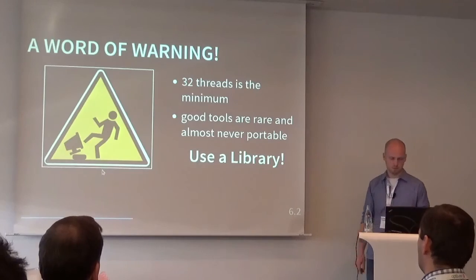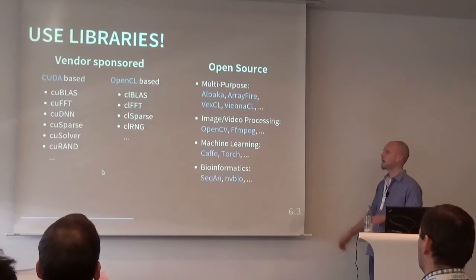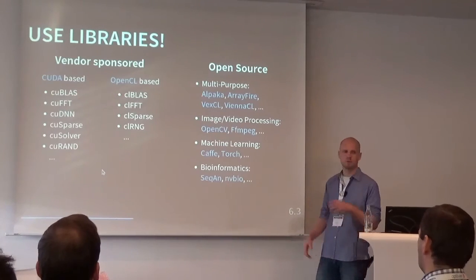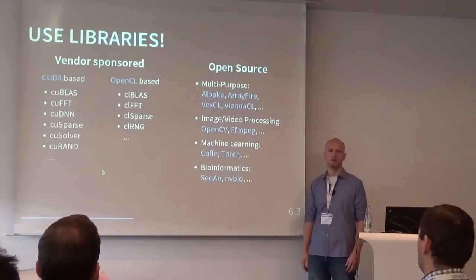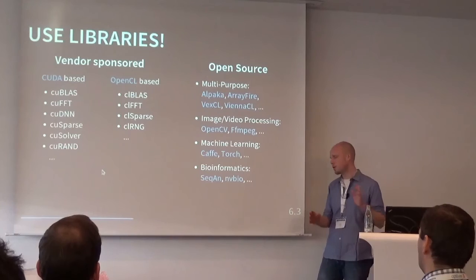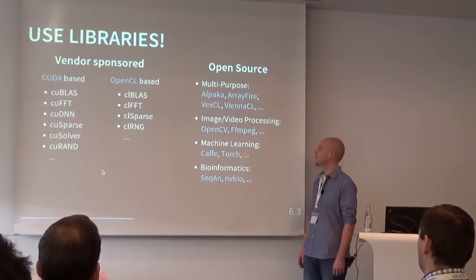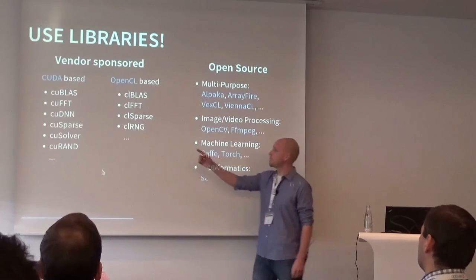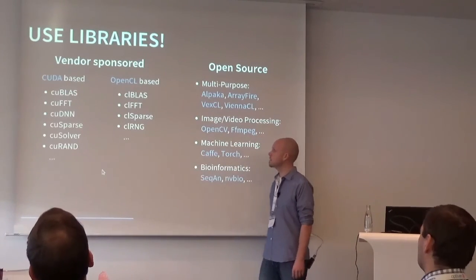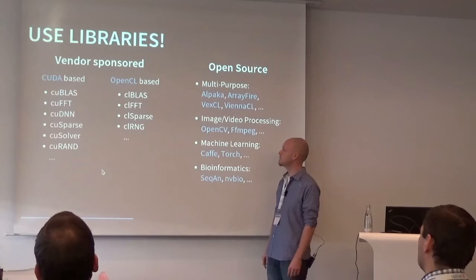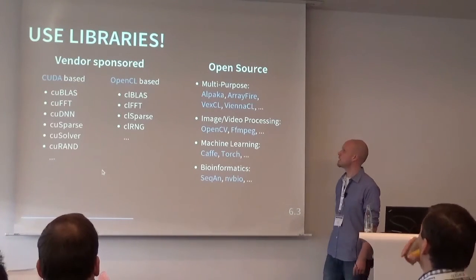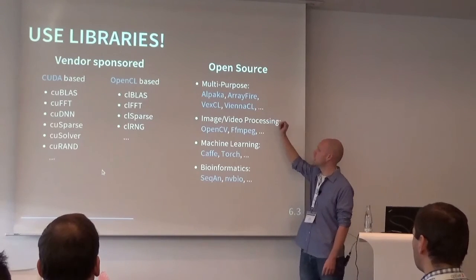And there's a lot. So I just compiled, and this is a highly subjective list. If you don't find your most beloved library, don't blame me. Open a ticket. I can add it if you wish. But this is just a selection. So there are a couple of vendor-specific or vendor-sponsored libraries over on the left. There are a couple of other open source endeavors, multi-purpose ones.